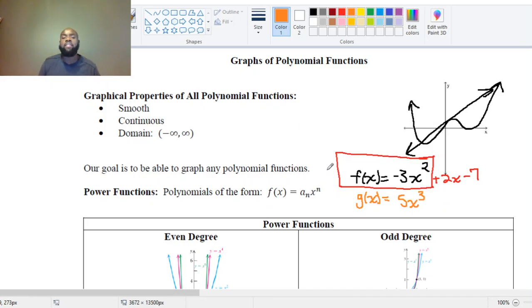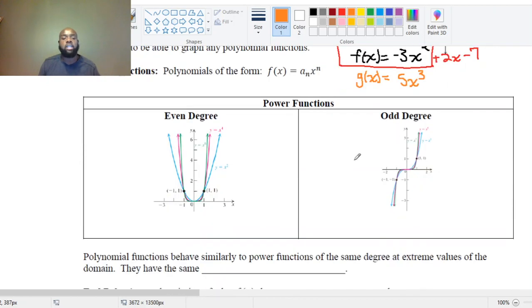One of the things about power functions is that they behave sort of the same. When you look at their graphs, I have power functions graphed here that have a leading coefficient of 1, so that a sub n is 1. I have x squared here in blue, x to the 4th in pink, x to the 6th in green. Each of these has an even degree: 2, 4, and 6 are the exponents.